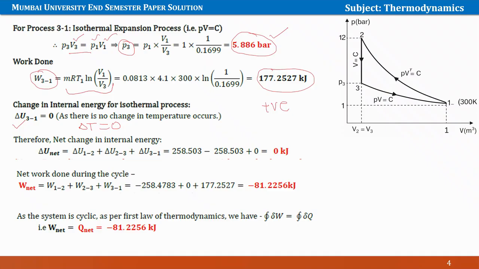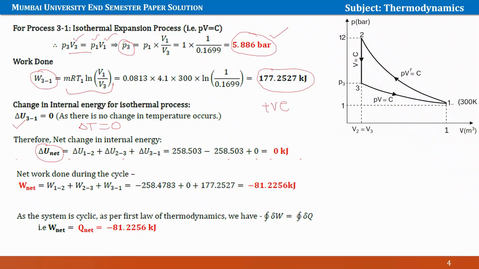Now furthermore we have to calculate the net change in internal energy, net work done, and net heat transfer. Very first, the change in internal energy. How to find that? We have to sum up the internal energies during processes 1 to 2, 2 to 3, and 3 to 1.